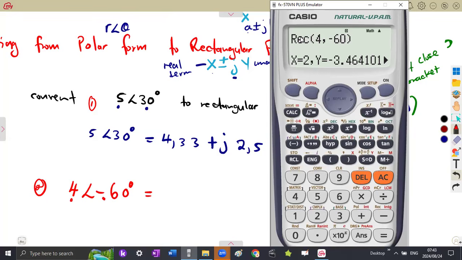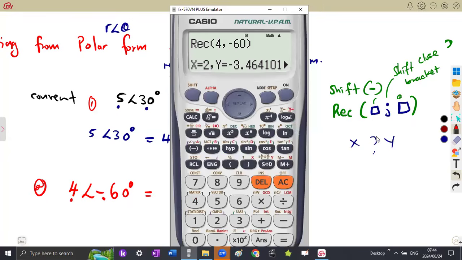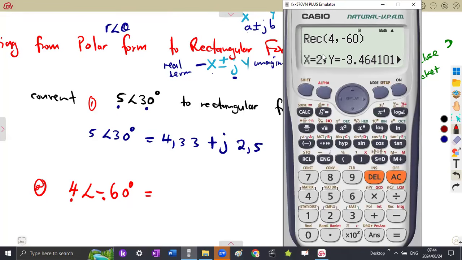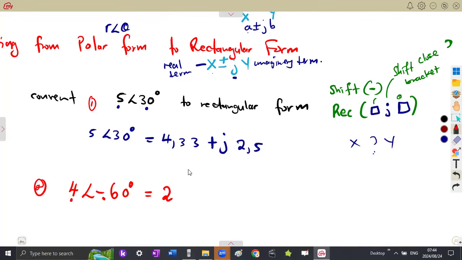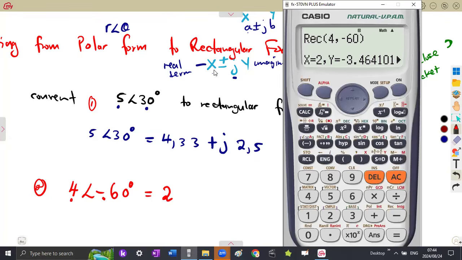So this is equal to what? As we can see, we are given the value of x and also the value of y, as we expect in rectangular form. Our x, the real term, is 2. The other part is the imaginary term, which always goes with a j, but is it plus or minus?